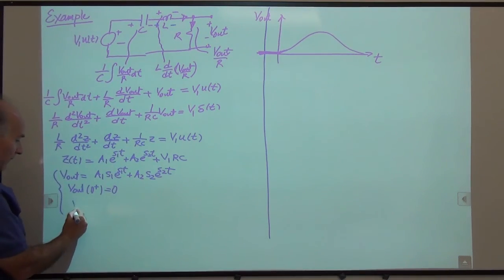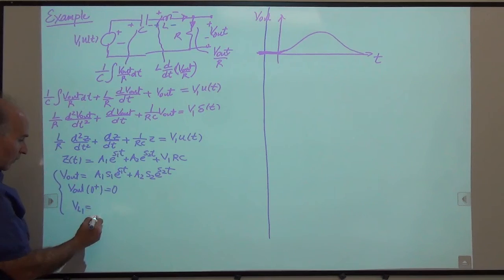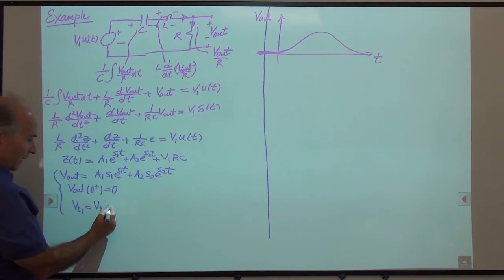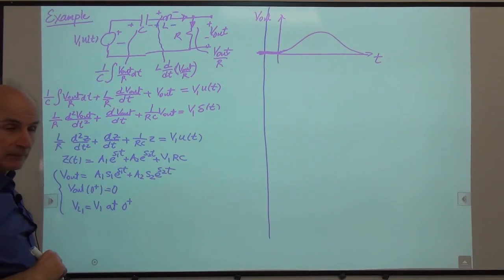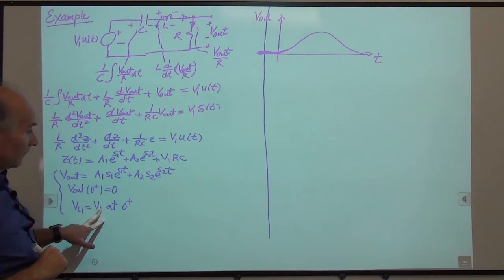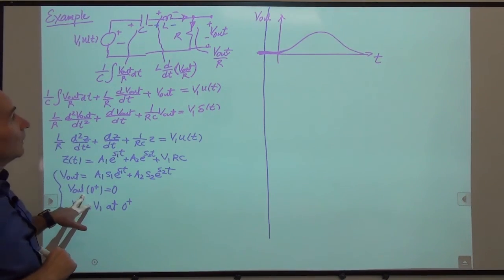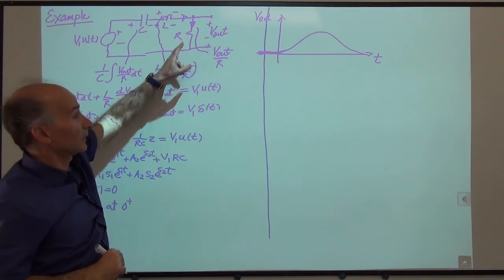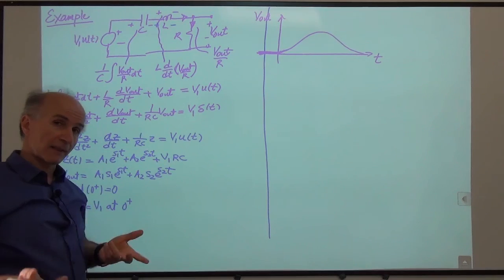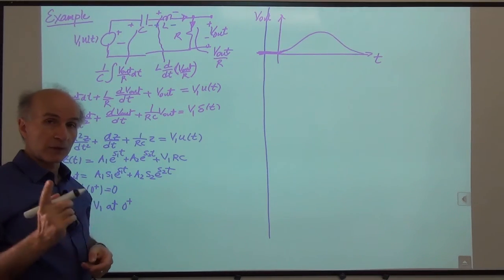So we say VL1 is equal to V1 at 0 plus. And from here, you can manipulate it to find an equation for V out once you consider that the current through this output is V out over R. I'll leave that as an exercise for you, and I will see you next time.